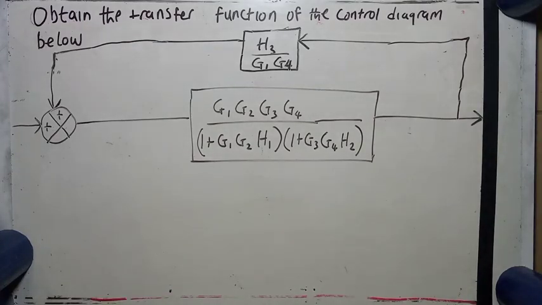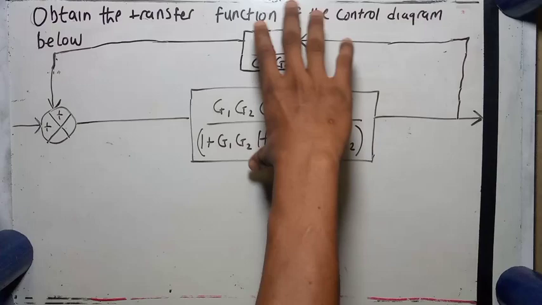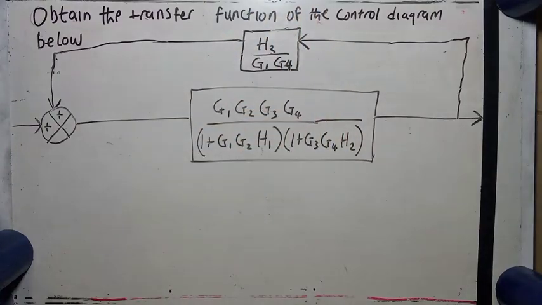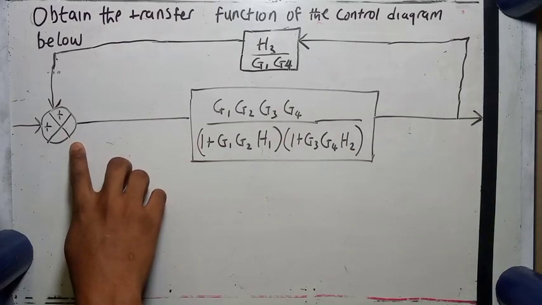Okay, so the next thing is now using our closed loop transfer function formula. We're going to now be shrinking this to one box. Remember, for you to know it is a closed loop, you have your branching point, your summing point.